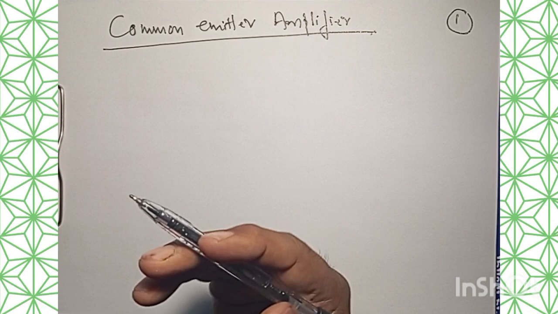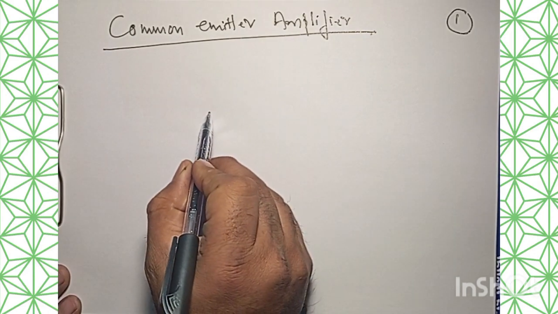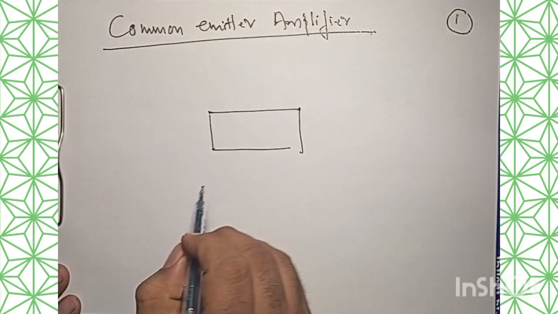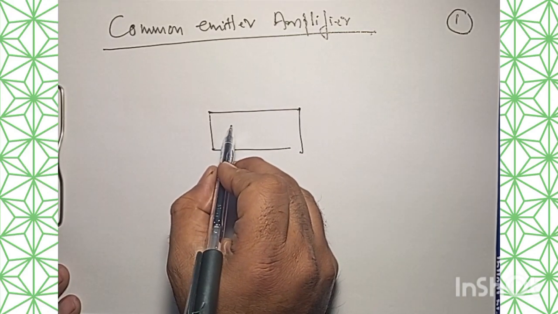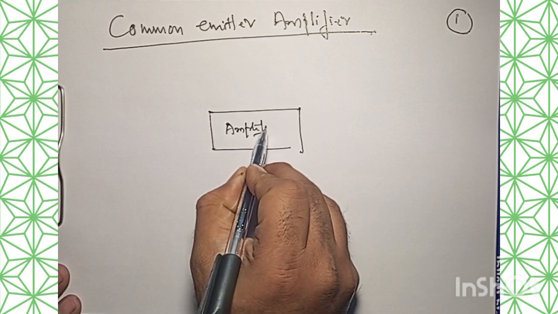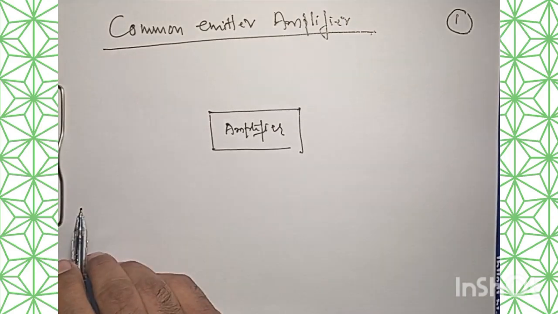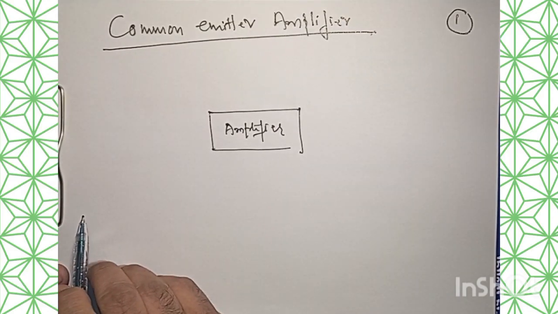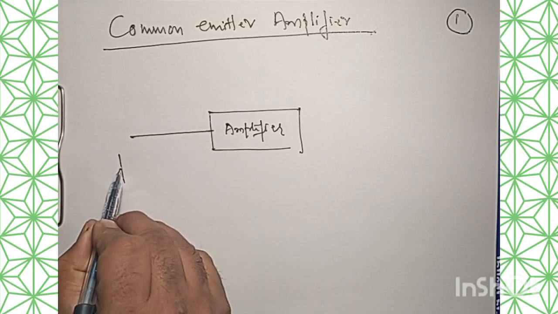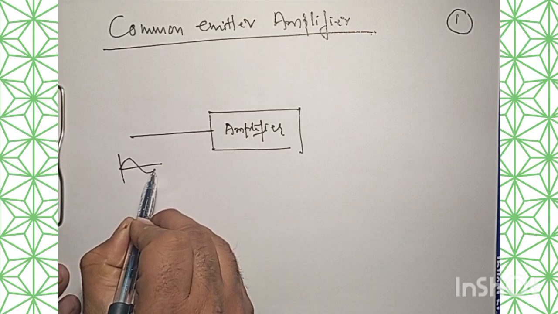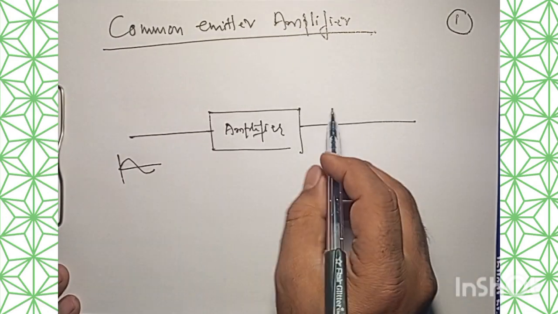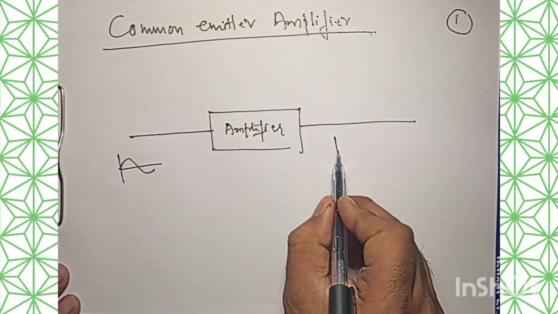Now, the input is always weak, and the output that we are going to obtain from this, so this is my amplifier. Now this is the transistor in common emitter mode, and we have the input, right? So the input signal is weak, and in case of common emitter configuration, we have the output out of phase.